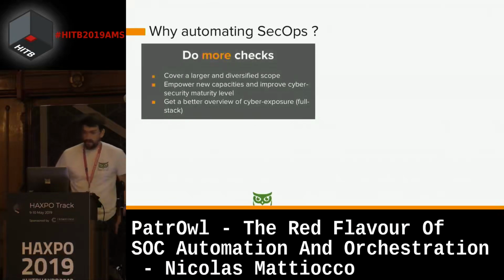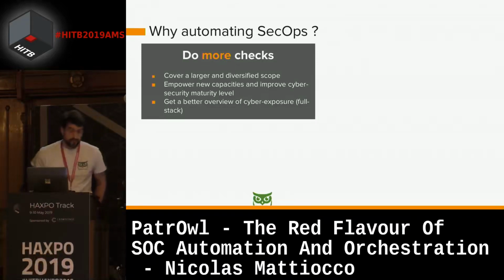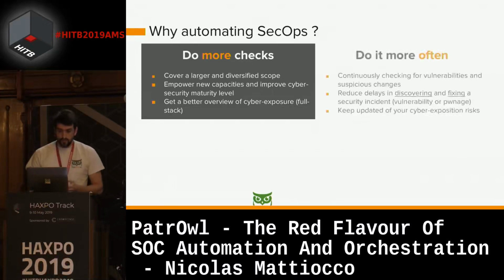Quickly, I found some advantages to automating security operations. The first one is to do more checks, to cover a bigger perimeter of assets and make more controls on each stack. To do it more often, to have continuous checks to try to reduce the window of exposure.